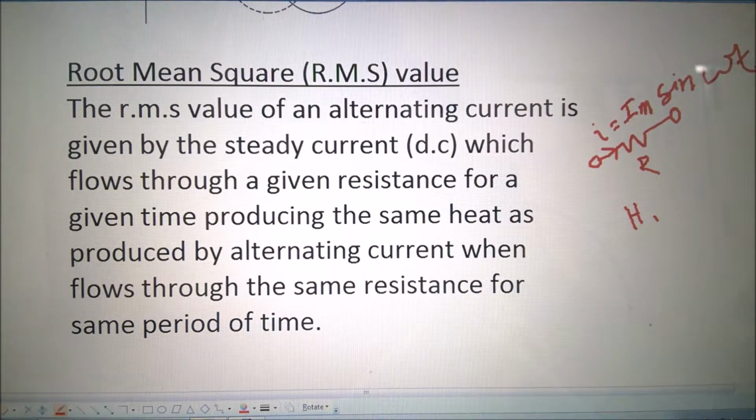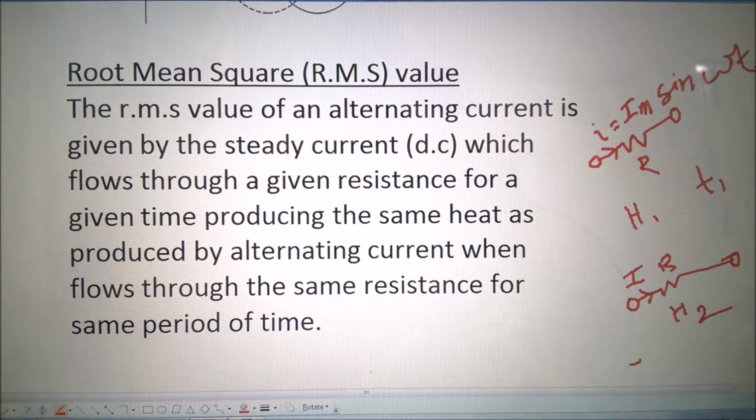Now, the same resistance R. Now, if I allow a DC current, steady current I, to flow for the same period of time T1, then the heat produced is H2.